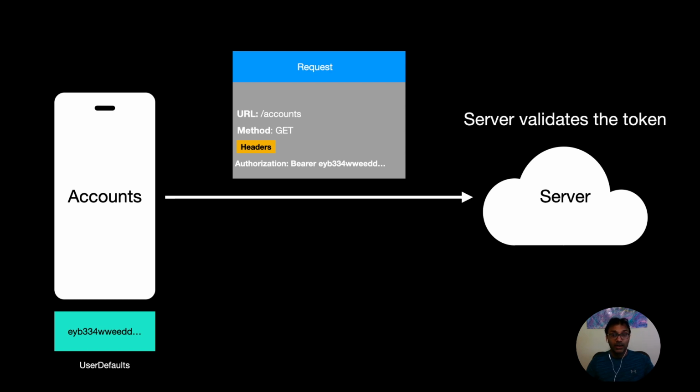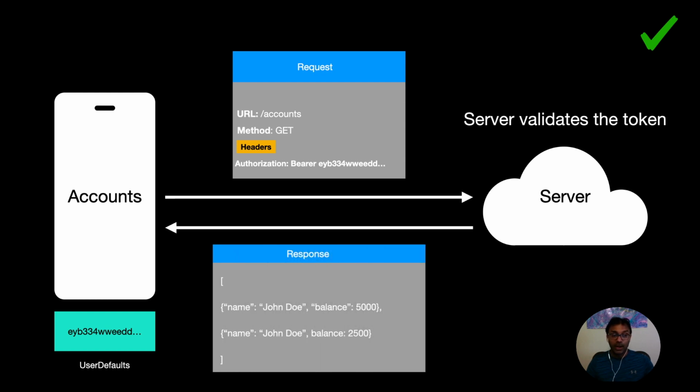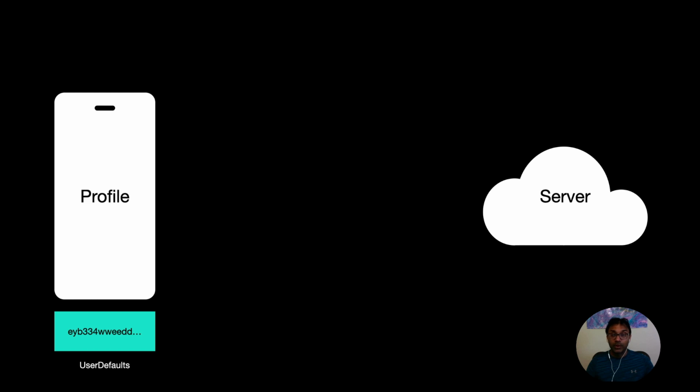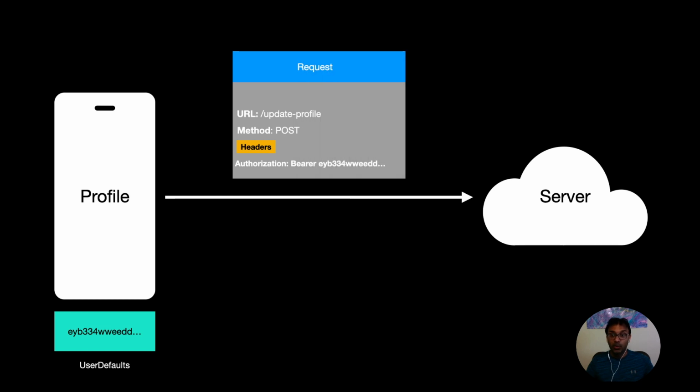Once the server validates the token and you're good, then the server is like, okay, I know this person because the token has been validated and looks like it's a good token, so I'm going to go ahead and return you whatever you're requesting, which in this case will be some sort of account. This also means that for any future request that you do, maybe you're trying to update your profile, you always need to send a token so that the server can validate you.